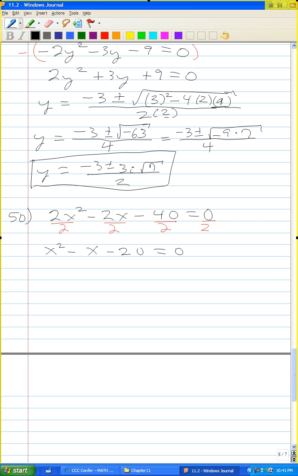And so let me plug into the quadratic formula. Negative b plus or minus the square root of b squared minus 4ac all over 2a.